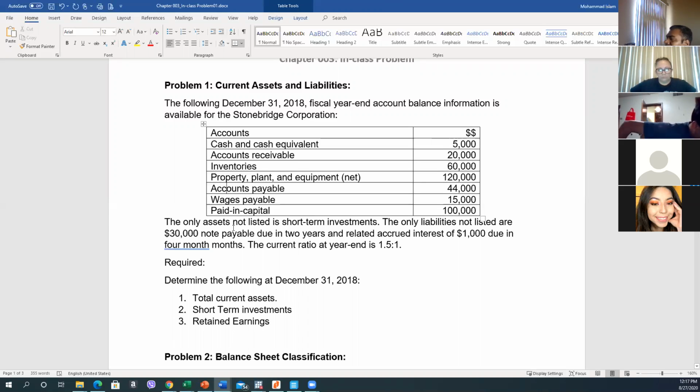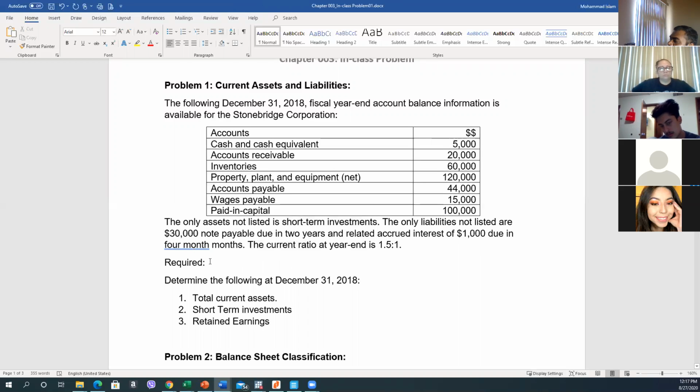The only assets not listed is short-term investments. The only liabilities not listed are a 30,000 note payable due in 2 years and related accrued interest of 1,000 due in 4 months. The current ratio at year end is 1.5 to 1.